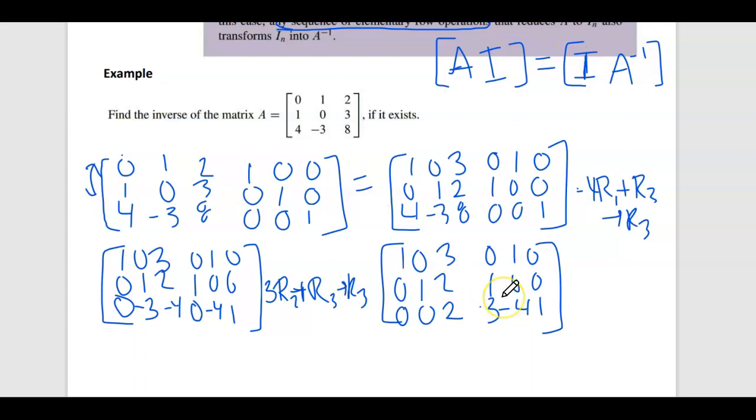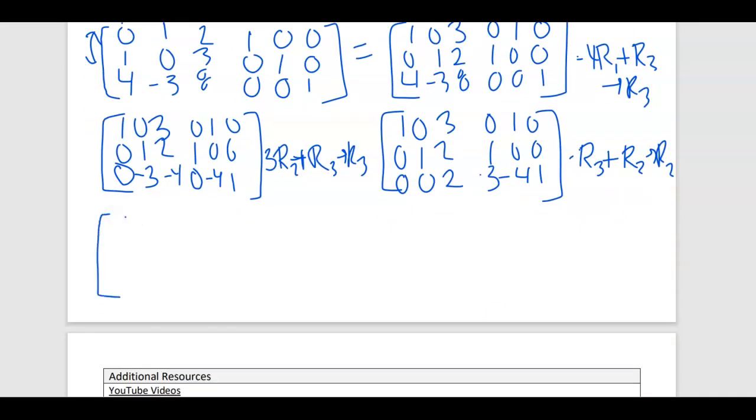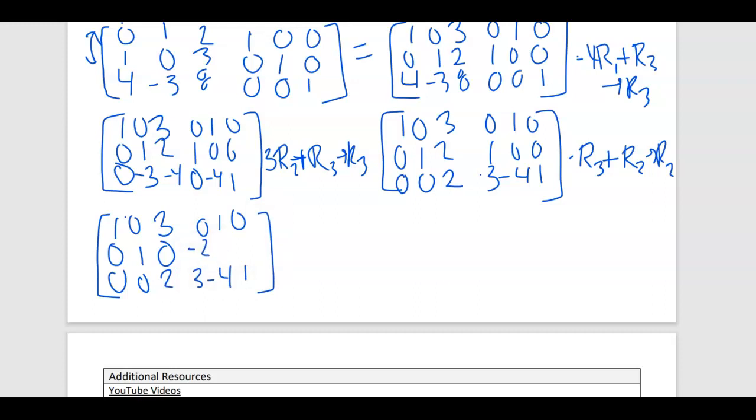All right, before I divide through, let's do negative row 3 plus row 2 and put that into row 2. So that's going to give me a 0 here. -2 here. 4 and -1.